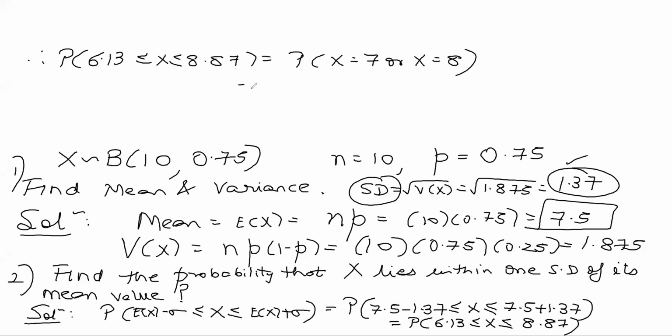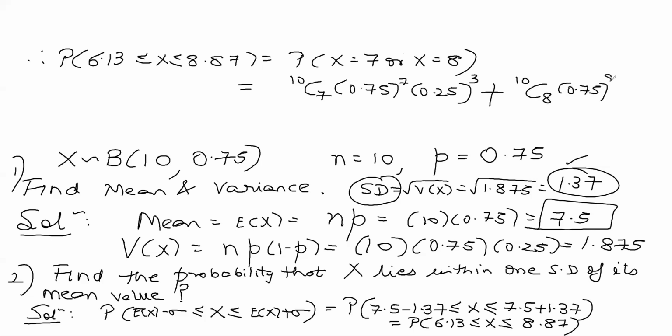That means 10C7 times 0.75 to the power 7 times 0.25 to the power 10 minus 7, which is 3, plus 10C8 times 0.75 to the power 8 times 0.25 to the power 10 minus 8, which is 2.